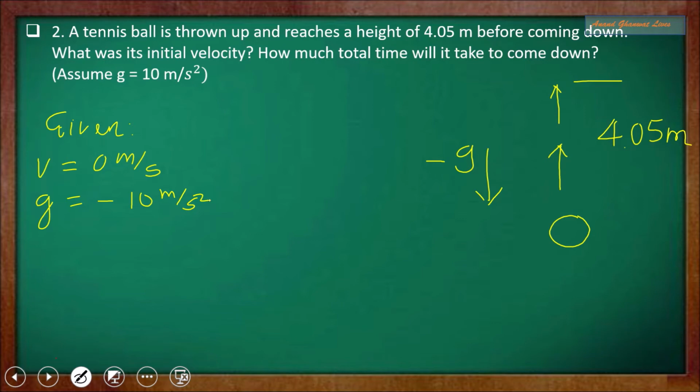Then we have to find the initial velocity u of the ball, and we also have to find how much time is taken to come down. So we have to find the time taken by the ball to come down.